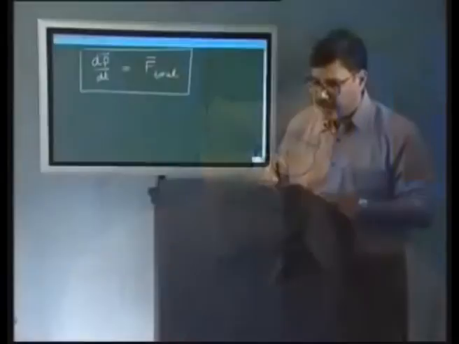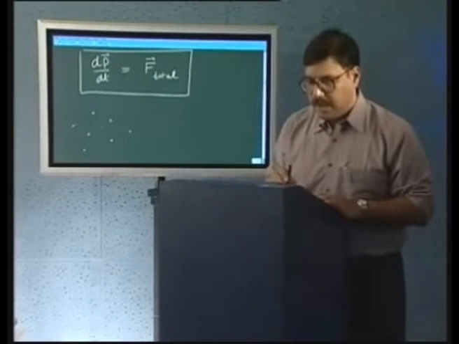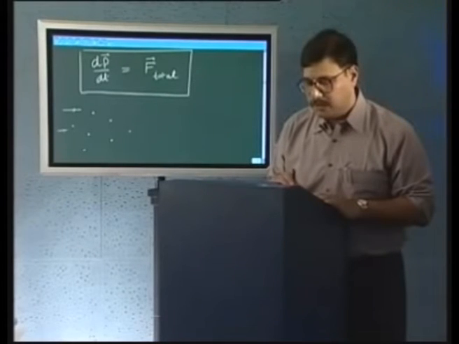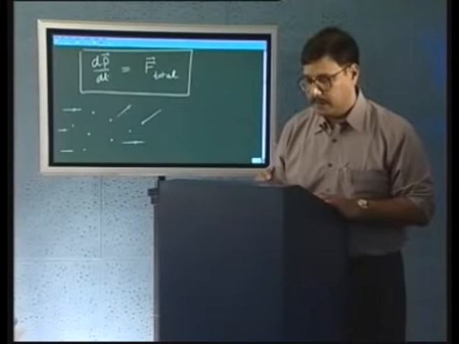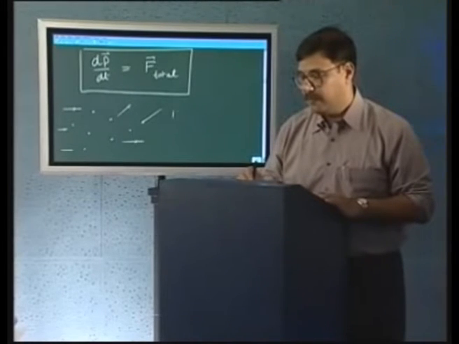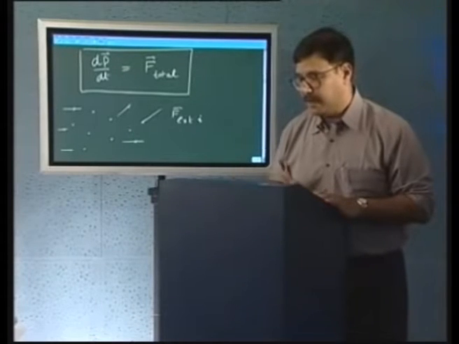I took an example of a two particle system. Is it true in general? Let us see. Suppose I have a collection of particles, many of them, and I apply an external force on each one of them, which I will call F external on the ith particle.